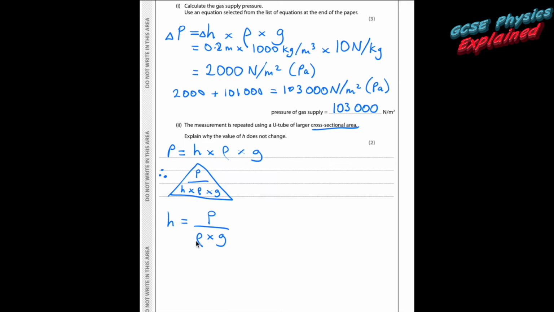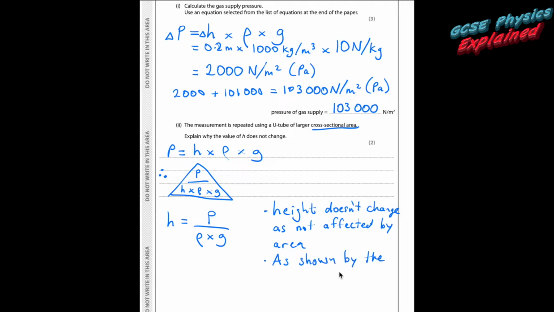No, because area is not in the equation. Height doesn't change as not affected by area, as shown by the equation. Basically, A is not involved in the equation. 2 marks, thank you.